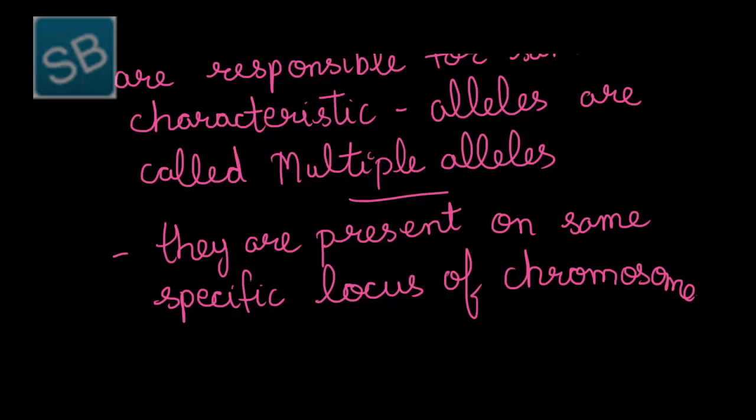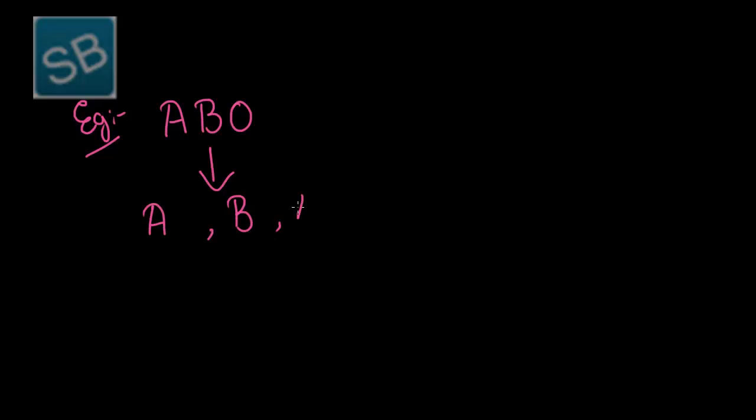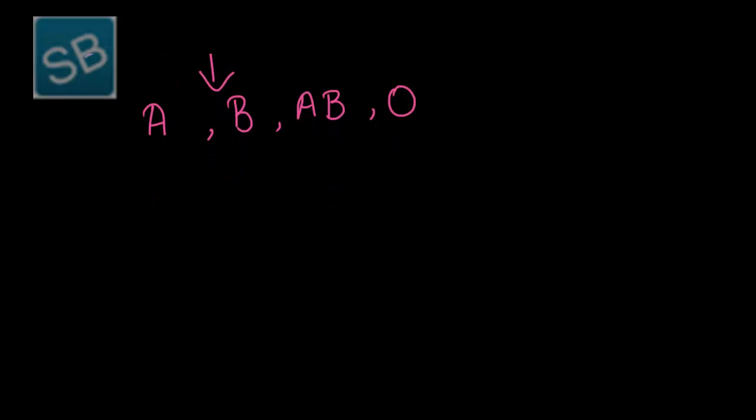For example, let us study the concept of multiple alleles with the help of the blood groups of humans. The blood type in humans includes mainly three alleles, which in combination form blood groups A, B, AB and O. These blood groups are formed on the basis of antigens and antibodies present within the individual.